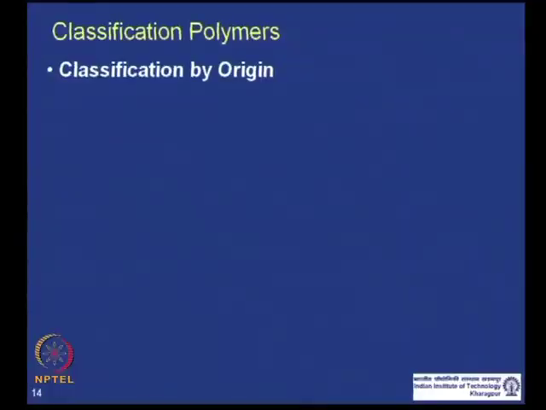Let us start with the classifications. Classification can be done based on where a polymer originated from. In the last class, I said that polymers can originate from natural sources, and I also said that those are a minor class of polymers.